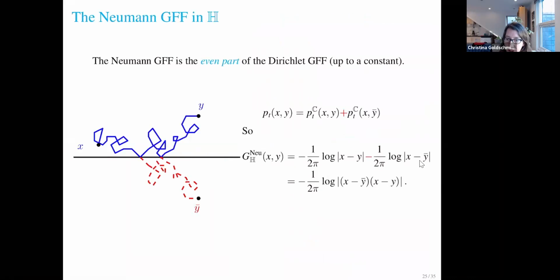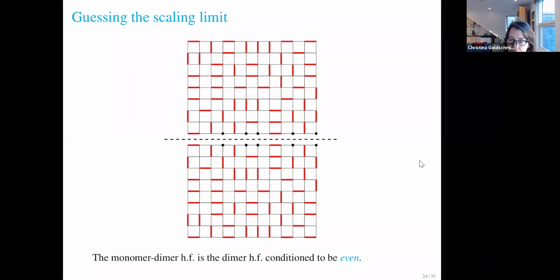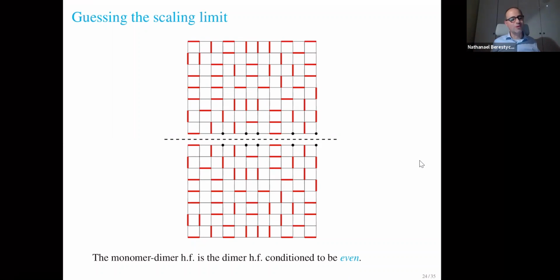Okay, there's another question. Is there a free boundary variational principle for limit shapes? Asks Istvan. Wow. This is a very knowledgeable question. The question is whether there is a variational principle that describes the limiting behavior of the height function, at the level of the law of large numbers, not the fluctuations, that you can compute in terms of a variational principle.